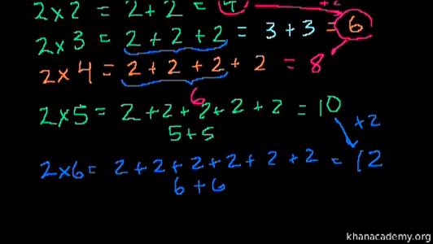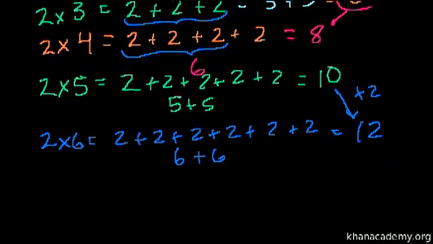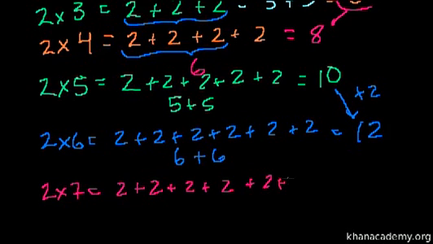Let's keep going. So 2 times 7. I could write 2 plus 2 plus 2 plus 2, but this is getting tiring. Is that 7? 1, 2, 3, 4, 5, 6, 7. And that's the same thing as 7 plus 7, which you may or may not know is equal to 14.